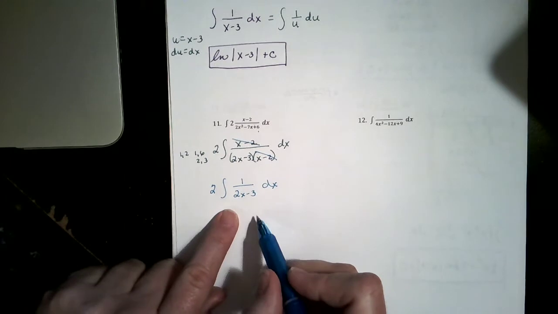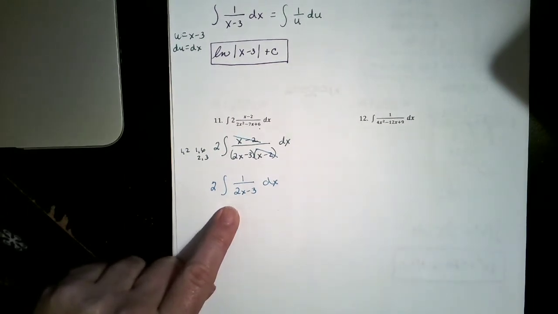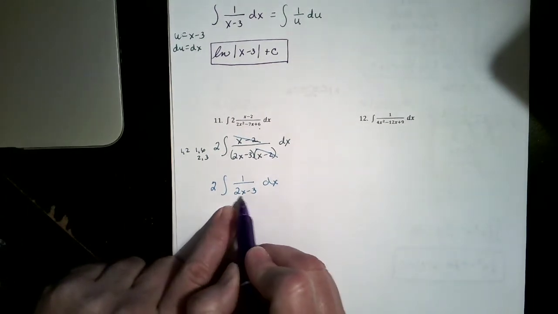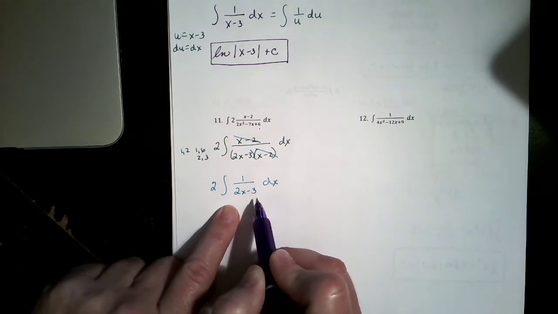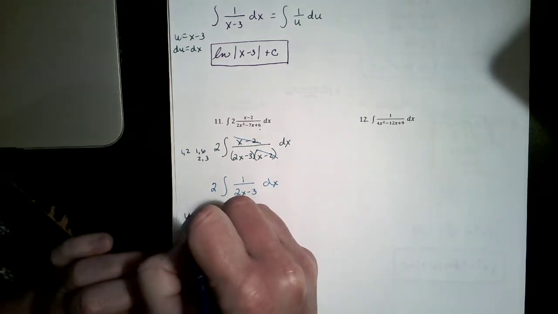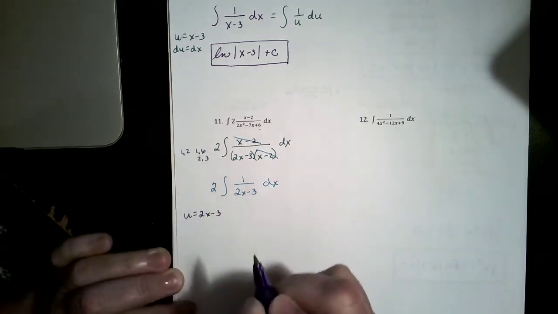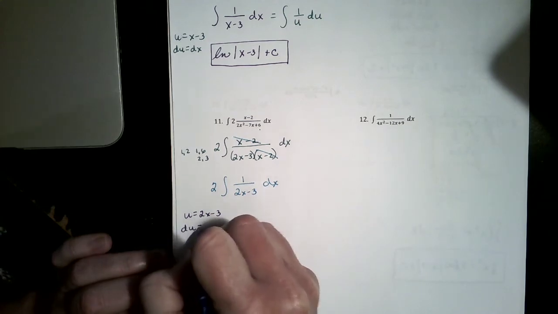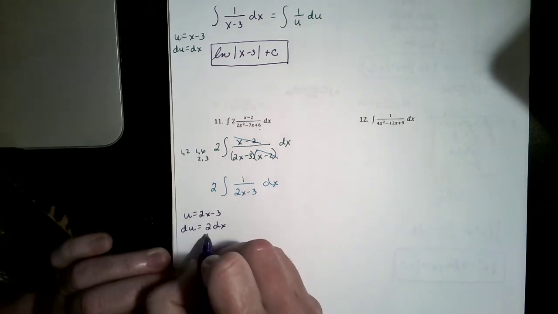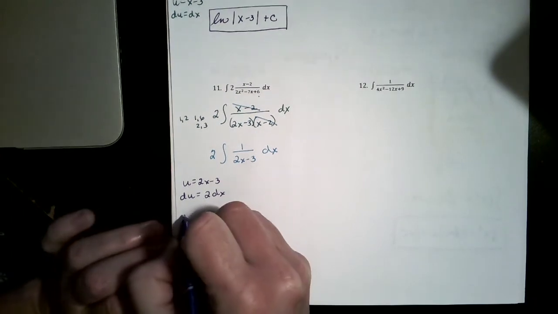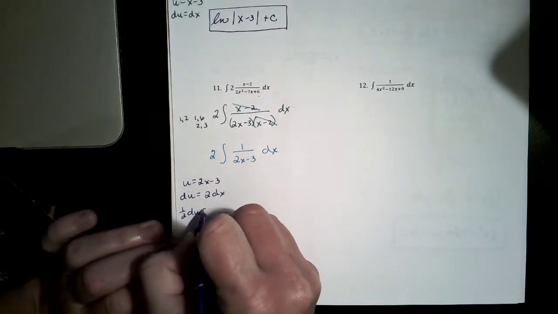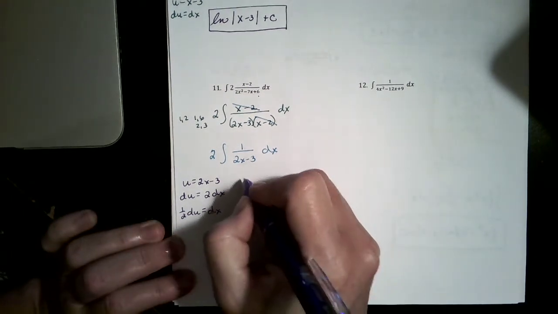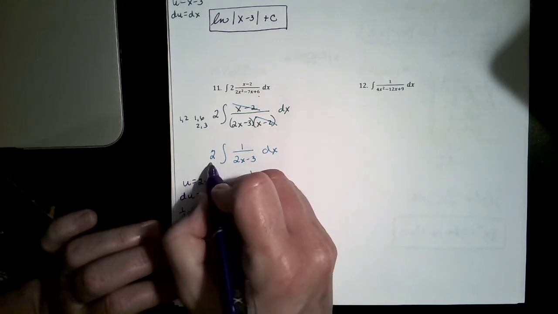Now this is one of those cases where you might want to do the u substitution because the derivative of 2x minus 3 is not just 1. So over on the side here I'm going to let u equal 2x minus 3. So du equals 2 dx. I've got to divide that 2 out. I get 1/2 du is equal to dx. So I can rewrite this integral. Don't forget this 2.